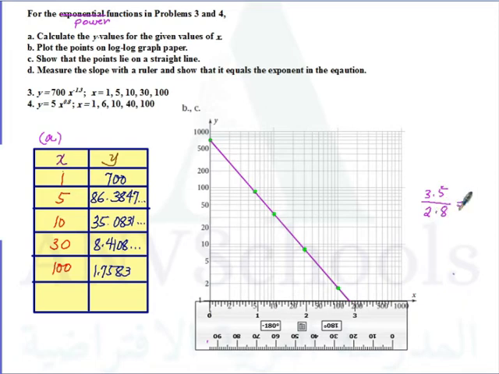So let me see approximately if we are going to 1.3. So 3.5 divided by 2.8 is equal to 1.25. So this is approximately 1.25 or approximately 1.3. So we get a slope of 1.3. But wait, this is decreasing. So our slope should be negative 1.3. Okay.